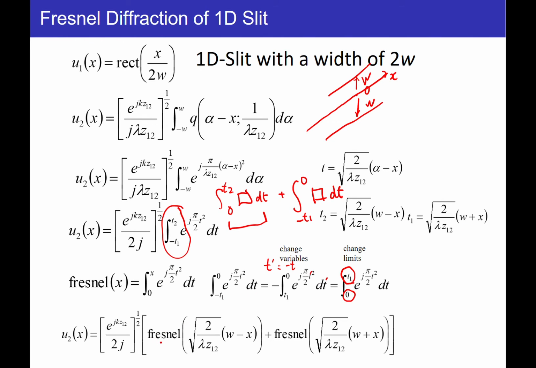So we have a two-term Fresnel integral in terms of w minus x and Fresnel integral w plus x. And then once we know how to calculate this one, then everything is solved. So we know the function of x, which is the scalar field at our observation point. And then we know how it is given. Okay.